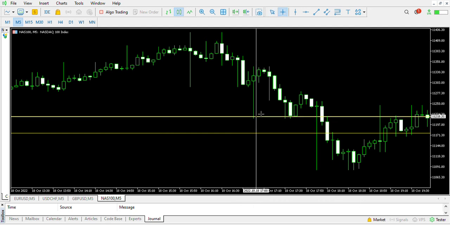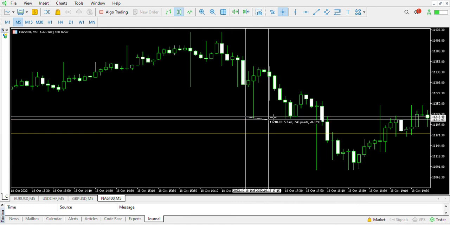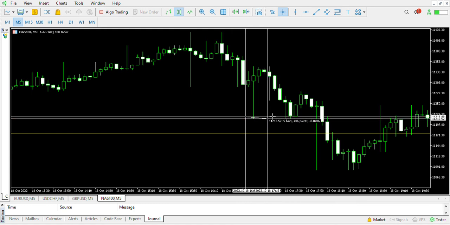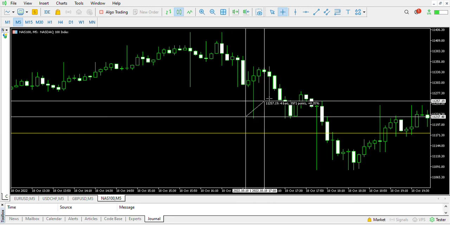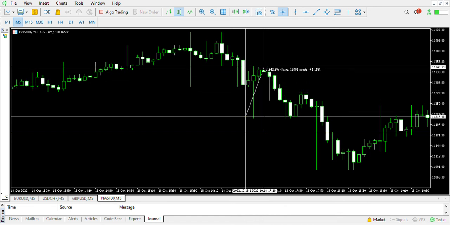So we do have some drawdown this time, and we have, what was that, 4 points. Let's call that 5 points. So we've got 5 points drawdown, and our first reaction up here gives us 125 points.